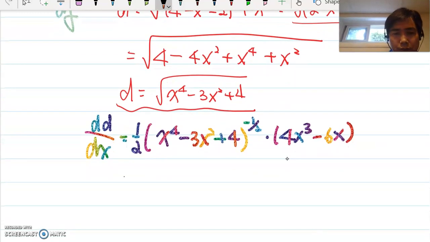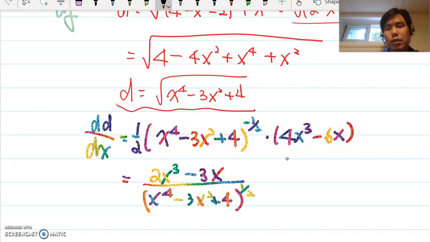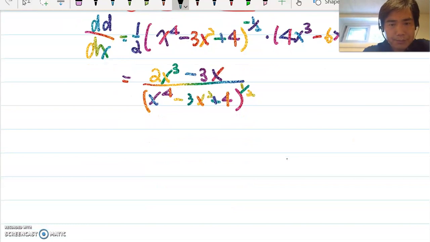Okay, it means 2x cubed minus 3x over x fourth minus 3x squared plus 4 to the 1 over 2 power. So we can make the top equal to 0 or the bottom equal to 0, then make that dd over dx equal to 0, right? So I'm going to set up 2x cubed minus 3x equal to 0.